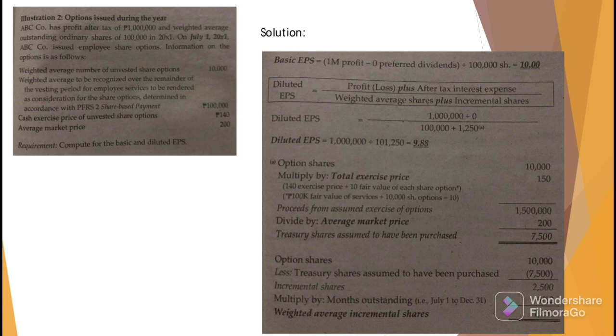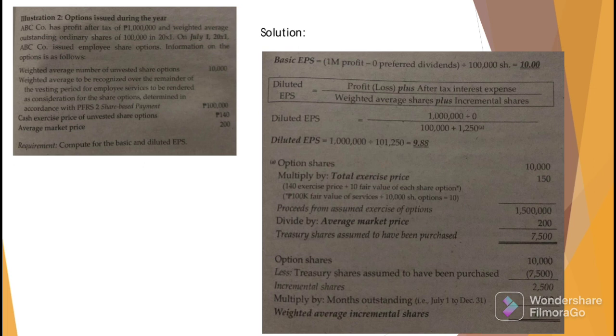So to compute basic EPS, yung 1 million na profit minus 0 preferred dividends, i-divide siya dun sa 100,000 shares equals 10. For diluted EPS naman, merong formula: profit or loss plus after-tax interest expense divided by weighted average shares plus incremental shares.